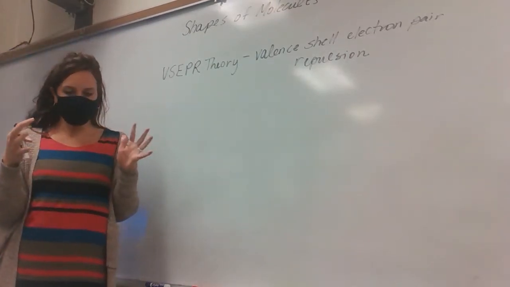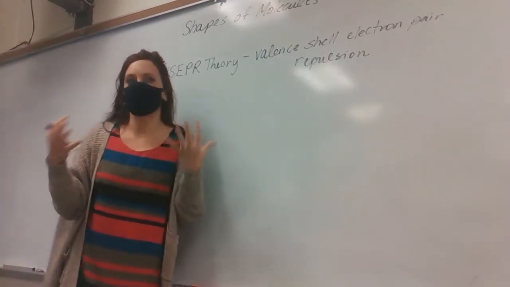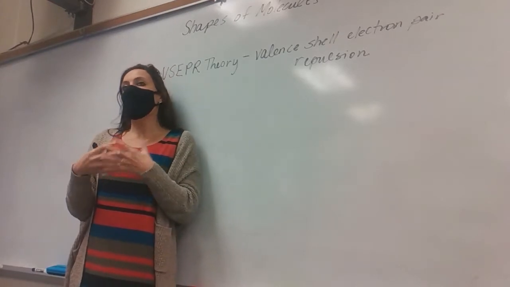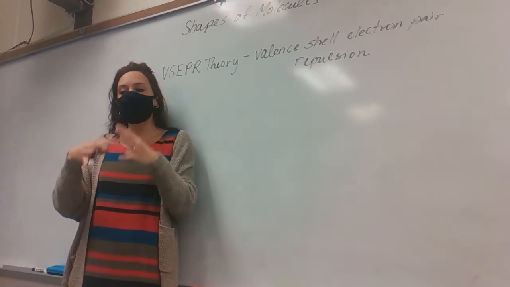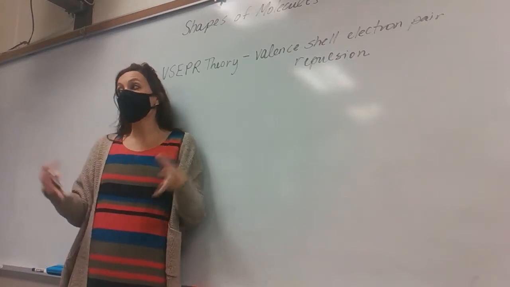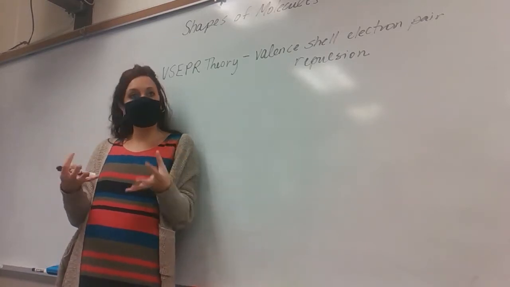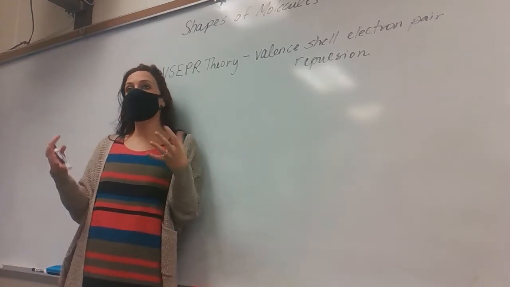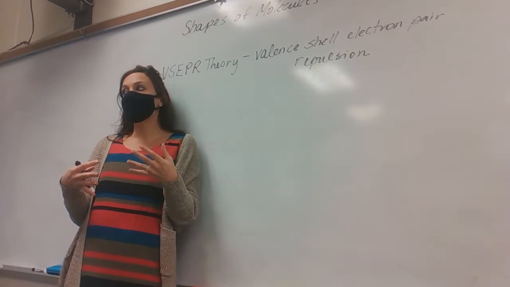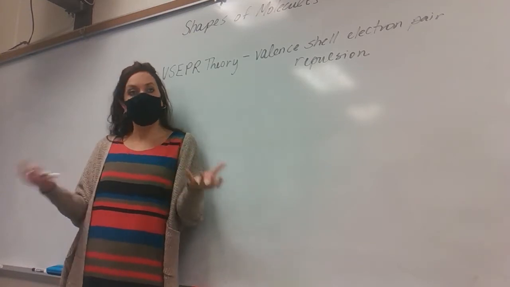So we draw Lewis structures, and now we're going to move on from Lewis structures into if there are atoms with electrons that are too close together, they're going to repel each other because electrons have the same charge and things with the same charge repel.